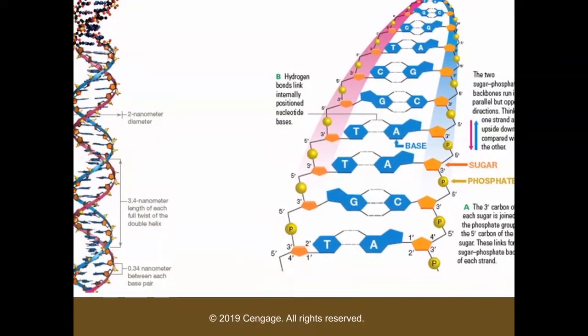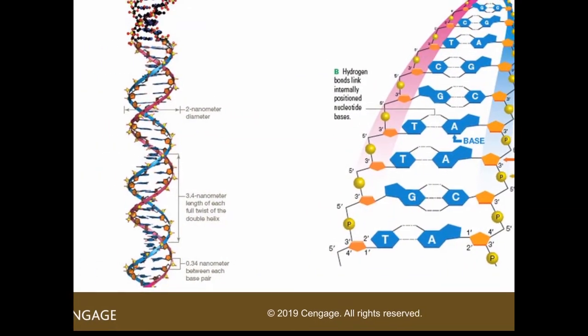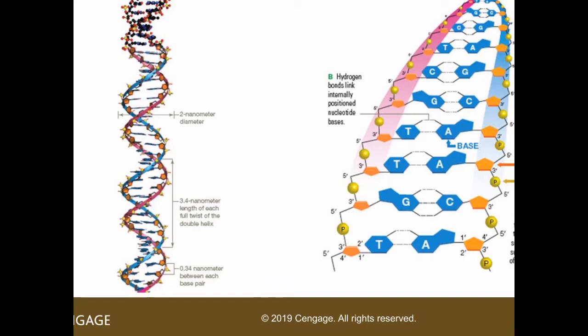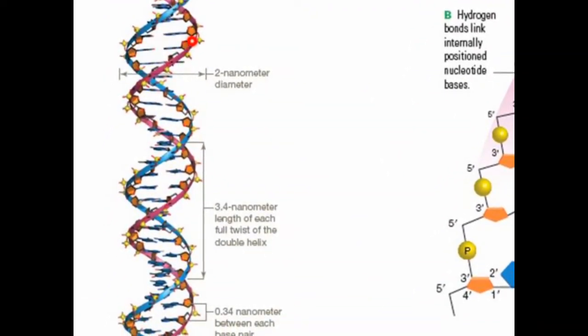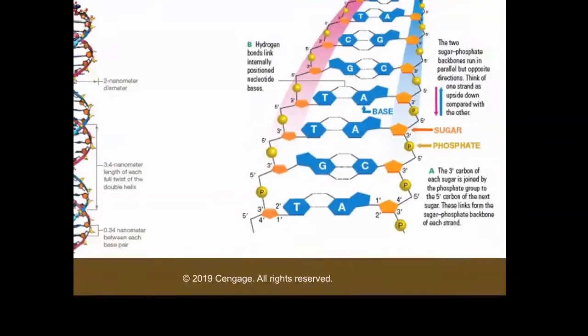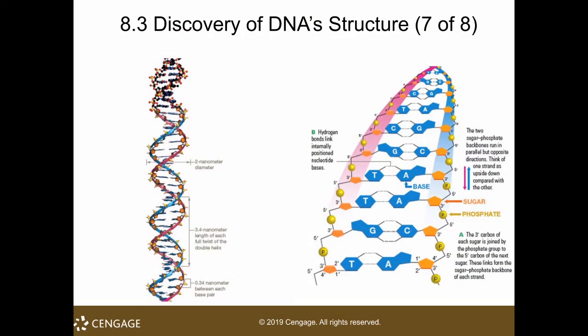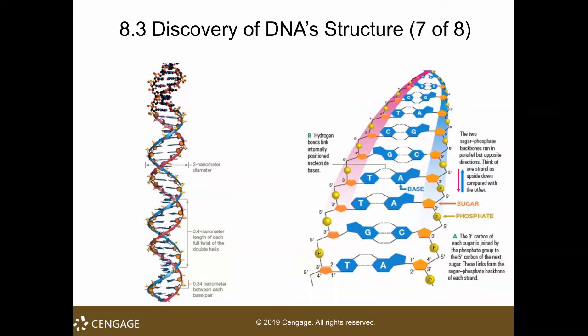The bases are arranged in such a way that they are aligned flatly. As you can see here, they are flat, aligned in the same plane, or at least a similar plane with each other. So that is basically the DNA structure as described by the Watson and Crick model.